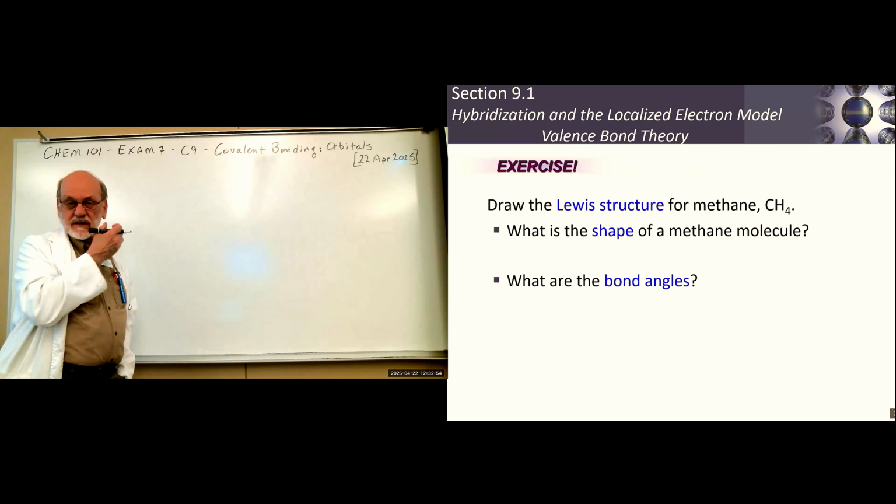We have 4 valence electrons here, and 4 times 1 is 4 there. So we have 8 electrons. Okay, so we know through using the VSEPR system that we're going to have a carbon in the middle and then 4 hydrogens like this. 2, 4, 6, 8, we used all of them up.